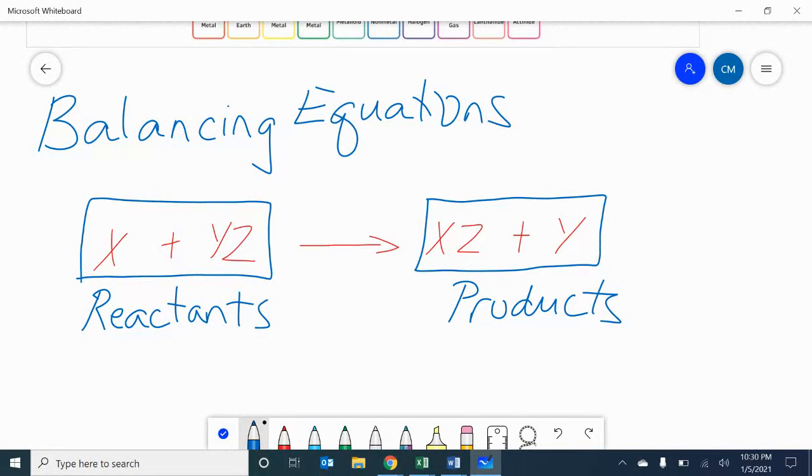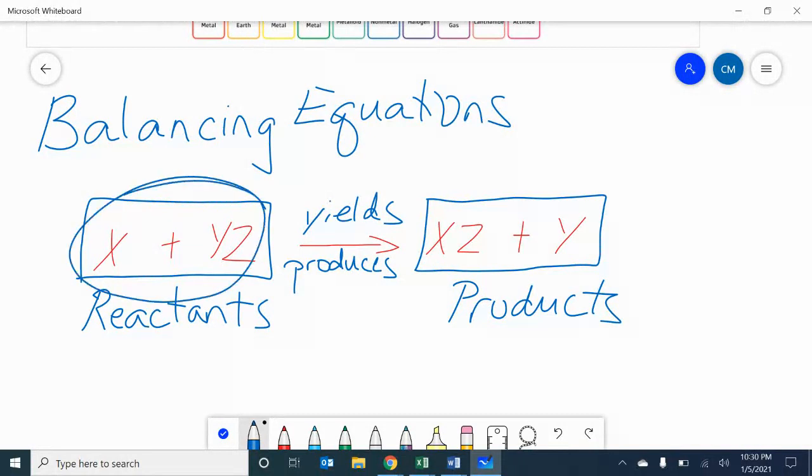The arrow is more commonly known as yields, otherwise known as produces. So we mix these reactants together, they react, they yield the products. In this case, they just sort of rearrange. X is the lone element and YZ is a compound, and they just switch partners. Now X is with the Z, they're a new compound, and Y is a lone element.